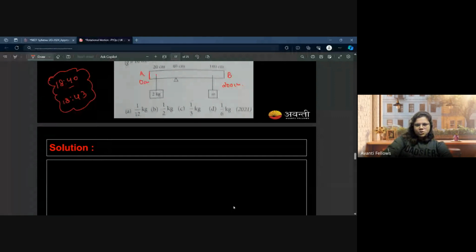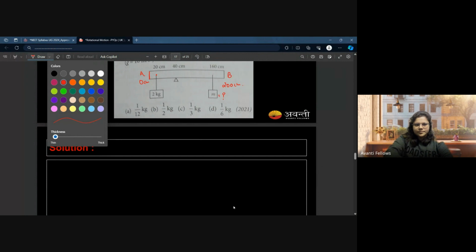This 2 kg is hanged at 20 centimeter from A. The wedge is at 40 centimeter from A. The mass M is at 160 centimeter from A. So basically, the origin is A. We need to calculate this mass M. That is your question.